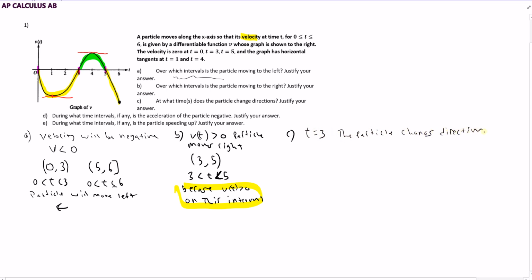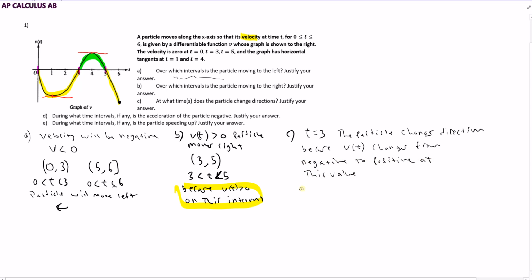Why? How do I justify this? Because v of t changes from negative to positive, right? The velocity changes from negative to positive at this value.